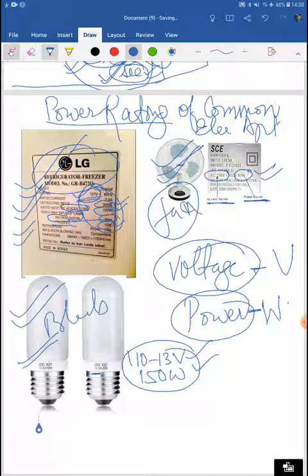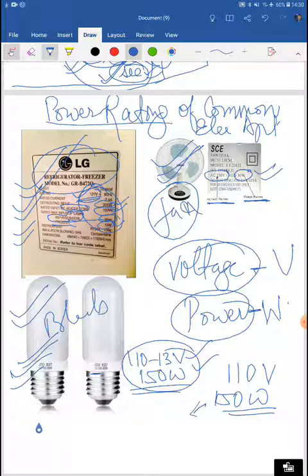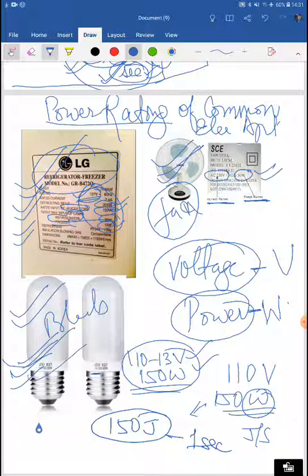So it generally means that, suppose I take the example of this bulb, if I light this bulb at 110 volt, it is going to consume 150 watt of electrical energy. Watt means joule per second. So 150 joule of energy will be consumed in 1 second by this bulb when I connect it under a potential difference of 110 volt.